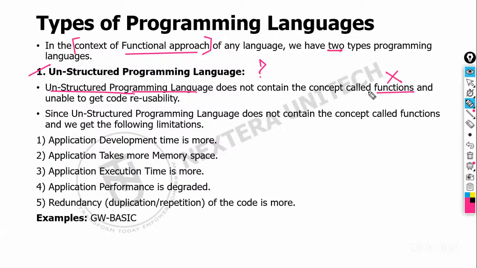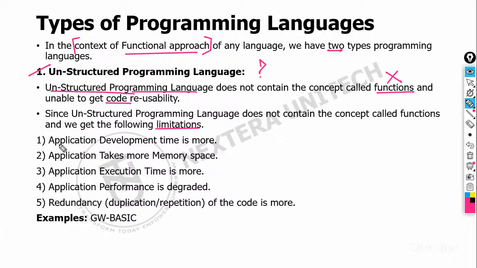And because there is no concept of functions, we are unable to reuse the code. The code that we have written cannot be used multiple times. And because of this, unstructured programming languages have some limitations, just because of not having functions as the concept.